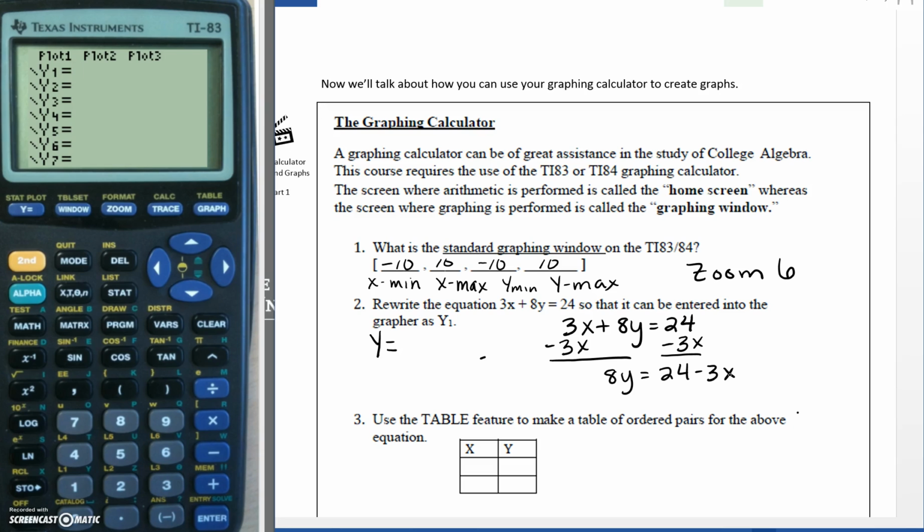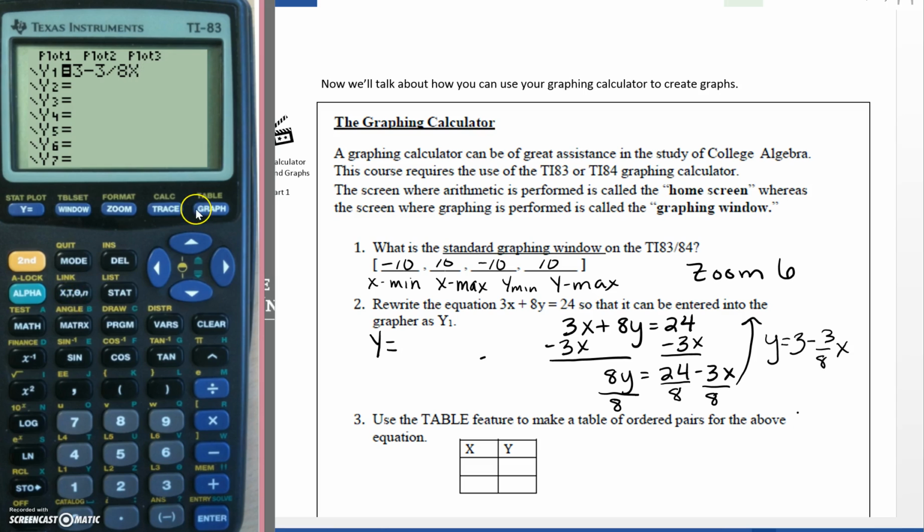And then to get y by itself, we need to divide everything by 8. So right up here, that gives us y equals 24 divided by 8 is 3, minus 3 divided by 8x. So in our graphing calculator now, we'll put 3 minus 3 divided by for fraction, 8x.